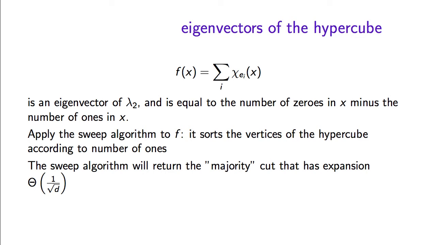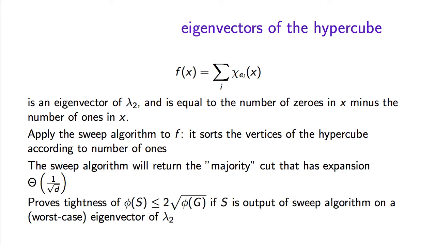And that's not the least expanding cut of the hypercube. This is a cut that has expansion roughly 1 over the square root of d, while the optimum is 1 over d. So this is an example of the fact that if you just give an eigenvector of lambda 2 to the sweep algorithm, you're not guaranteed to find the optimum. You might find some solution that could be as bad as the square root of the optimum.